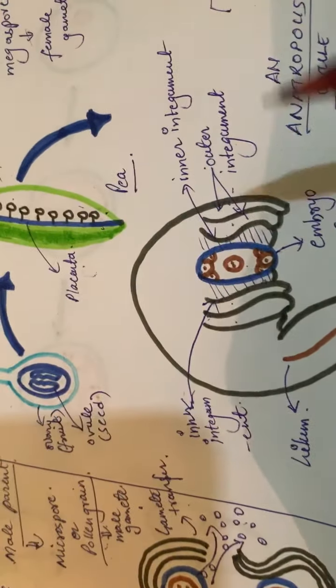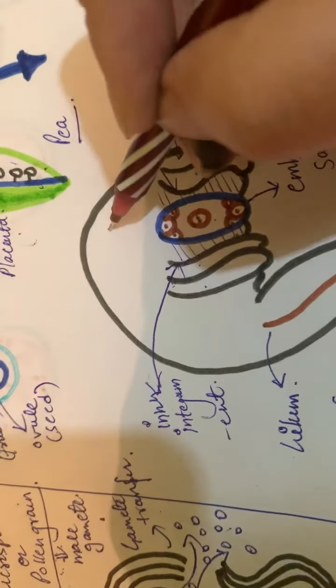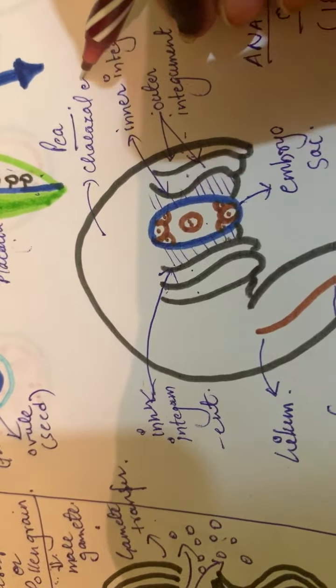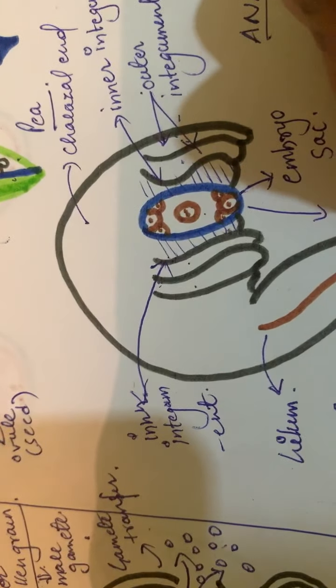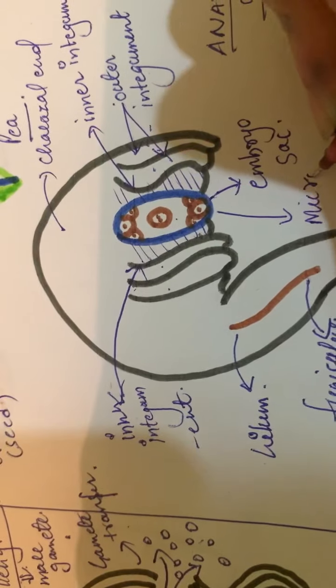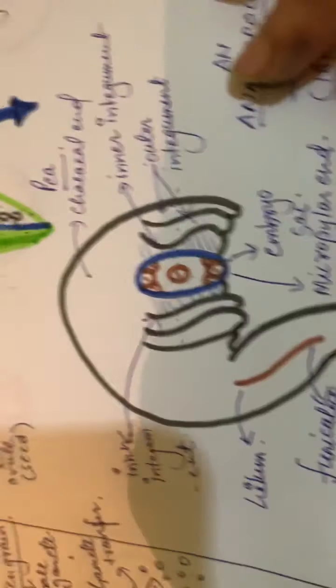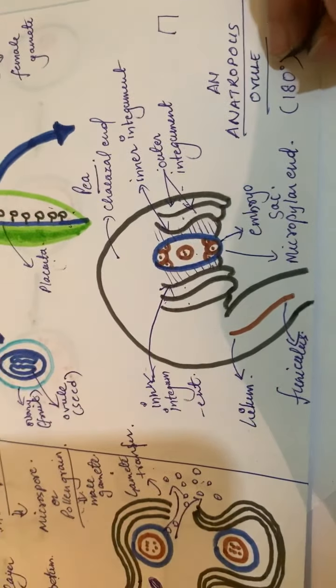There are two ends in an ovule. This end is called chalazal end, and this end is called micropylar end. So this is a typical anatropous ovule.